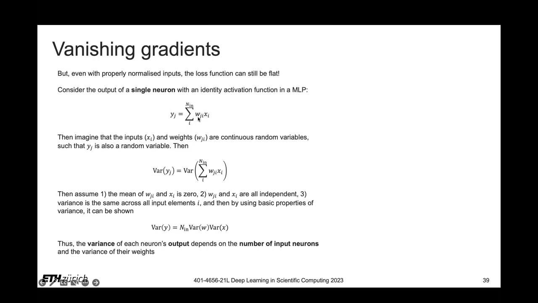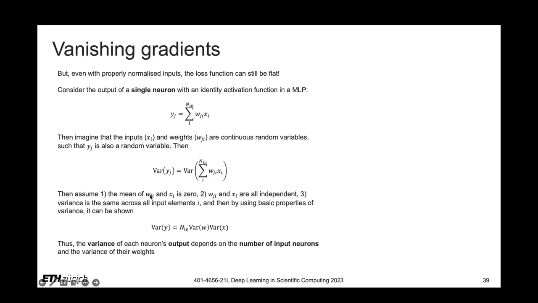Let's also say that when we initialize the network, the weights are also randomly sampled between -1 and 1, say. Then the output is just a function of these random variables, multiplying and summing them together. What we want to understand is the variance of y, as a random variable, based on the variance of these things. We need to make a couple of assumptions.